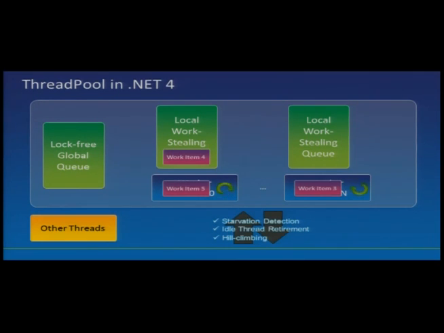So it measures how many work items are completing per second, and it tries to add a thread, and it observes how the number of work items that are completing has changed. And if it has improved, then it will try adding more threads. And if it hasn't improved, then it might try removing a thread. This is the kind of hill climbing algorithm that it uses to get the thread pool to have the optimal number of threads for ideal throughput.